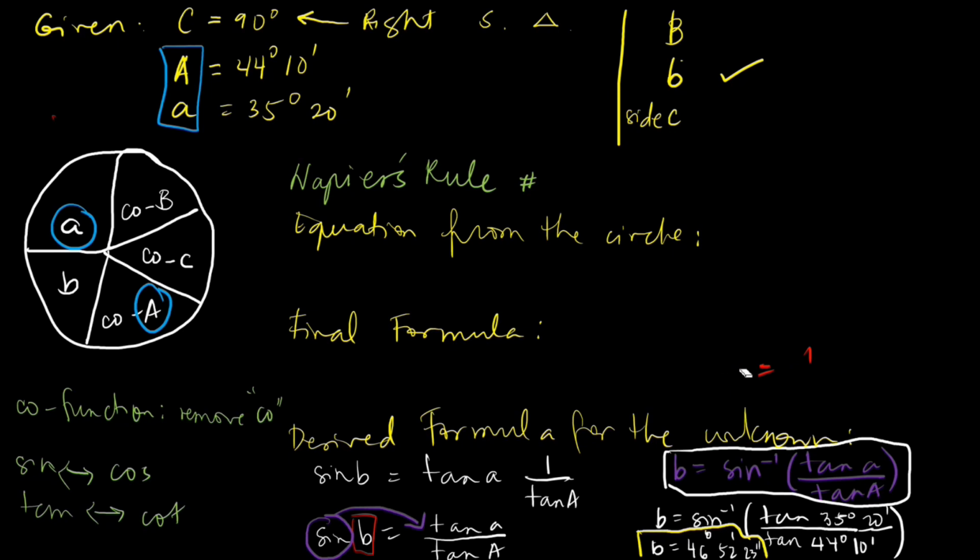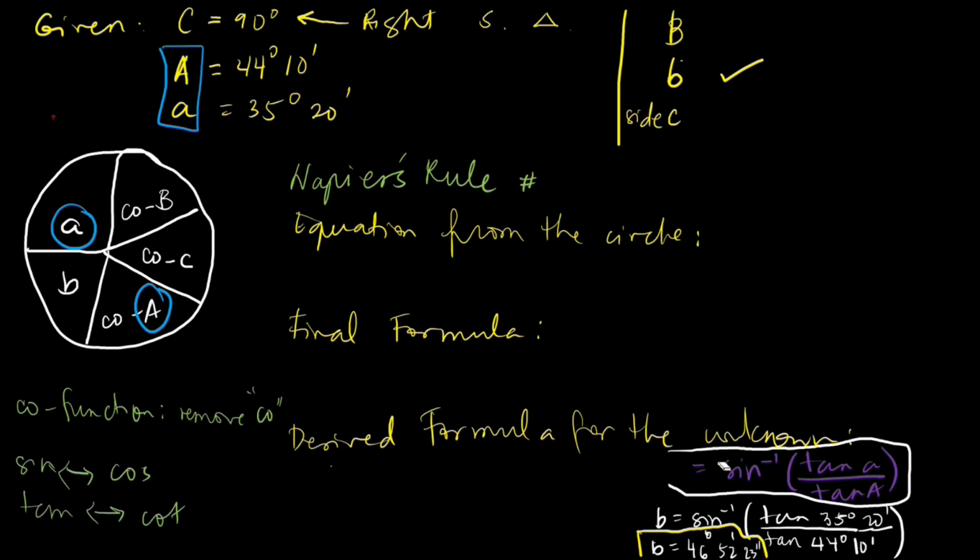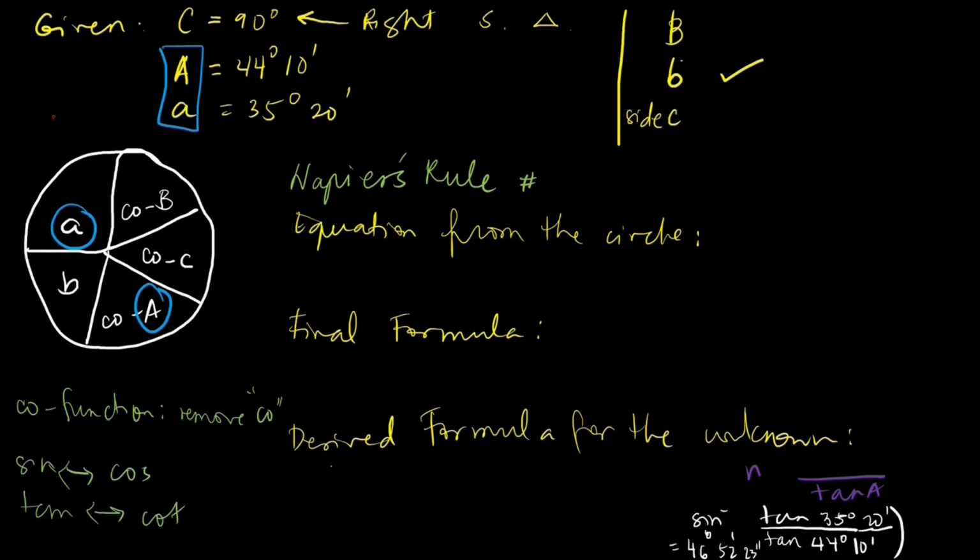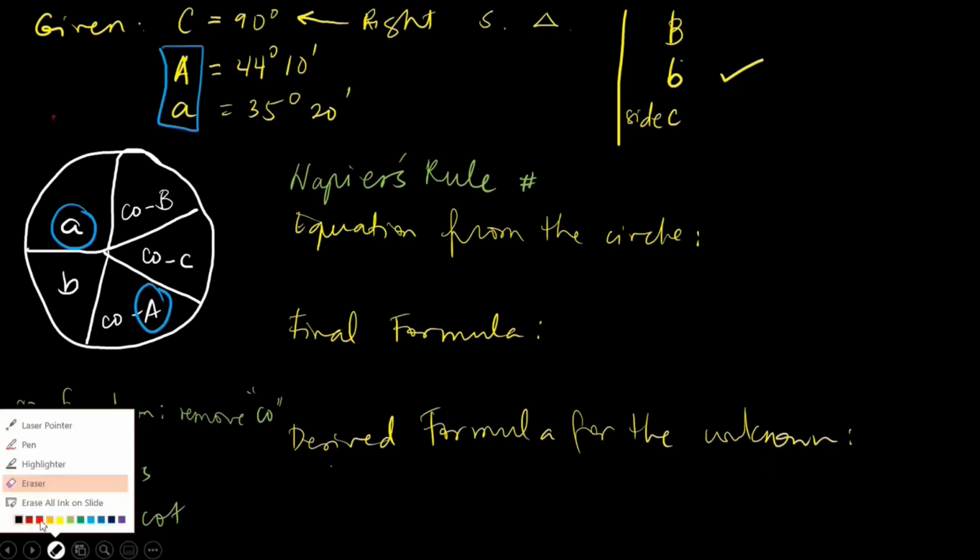I'll just clear this. So again, what is important here is you know how to determine or get the equation from the circle using Napier's rule. Then come up with a derived formula for the unknown.